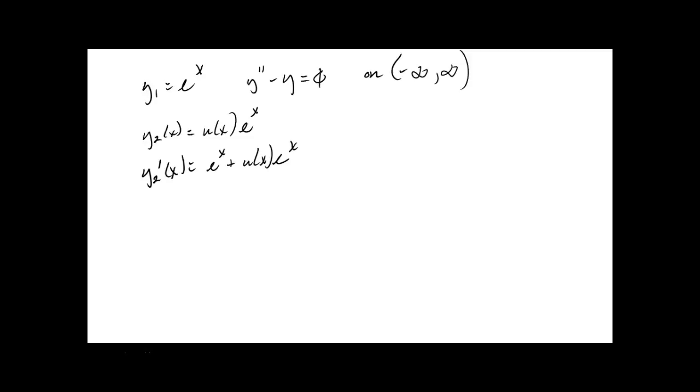What's missing? No, you're not integrating. If you are differentiating this, it's the first times the derivative of the second. I'll buy that part. But then it's the second times the derivative of the first. This needs a u prime. So that needs a u prime of x.